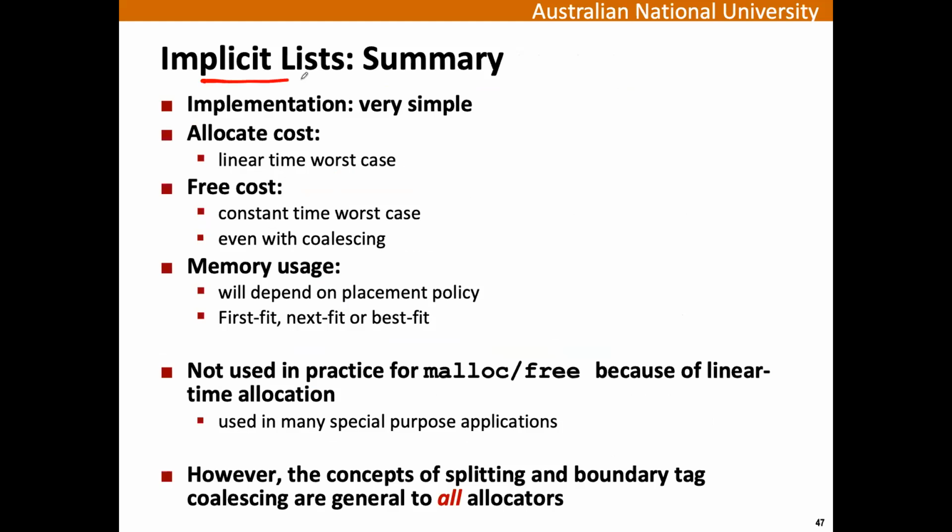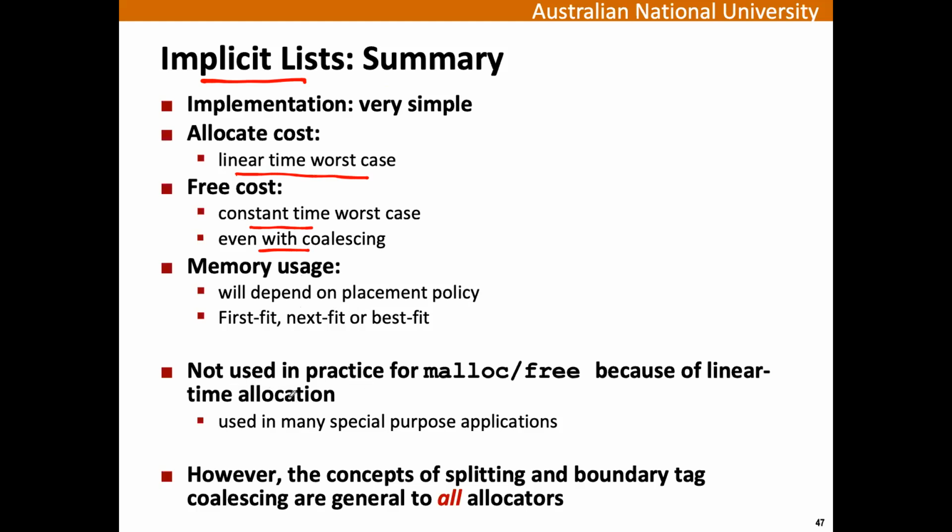So implicit free list, the problem is that the worst case cost is linear in the number of allocated and free blocks. Free cost is constant time, even with coalescing, because we use boundary tags, we don't have to traverse to find blocks that are free to the left or right.